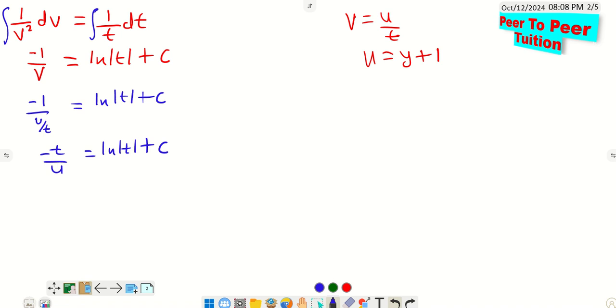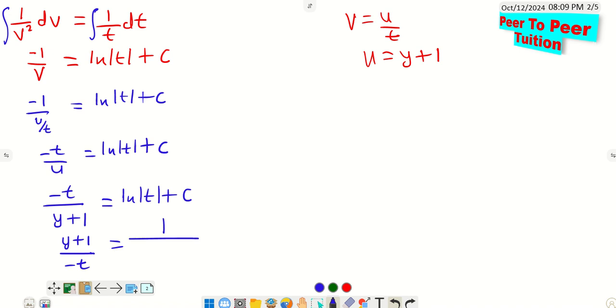But we still have u to be y plus 1. So we have negative t over y plus 1 should be equal to ln t plus c. Then from here we can reciprocate. When I reciprocate, I'll get y plus 1 on top over negative t down. Then I'll also reciprocate here, which will give me 1 over ln t plus c.